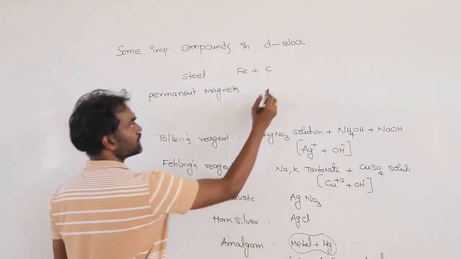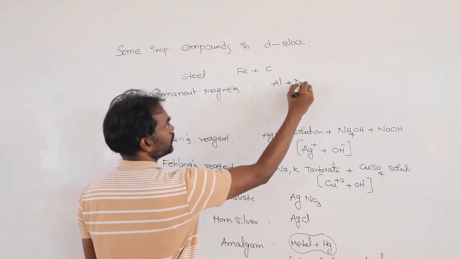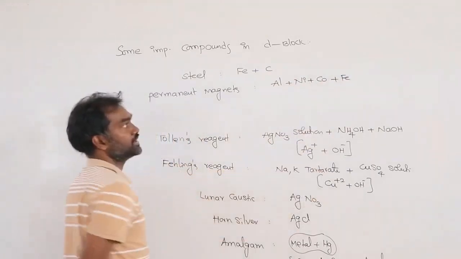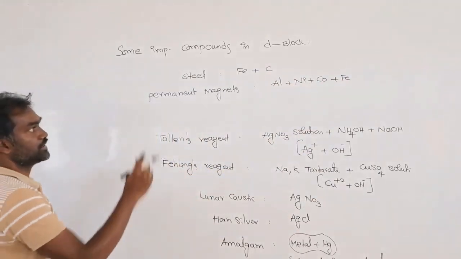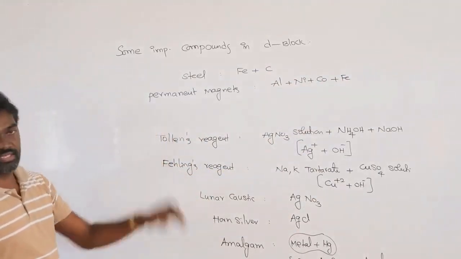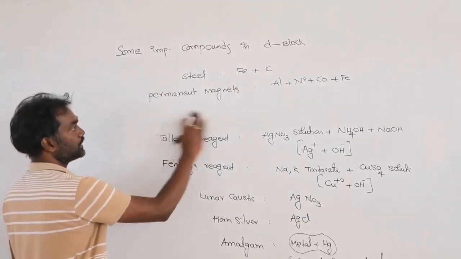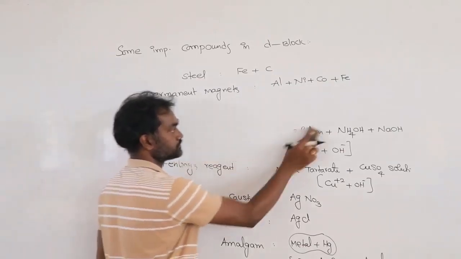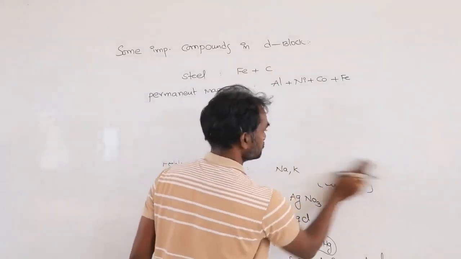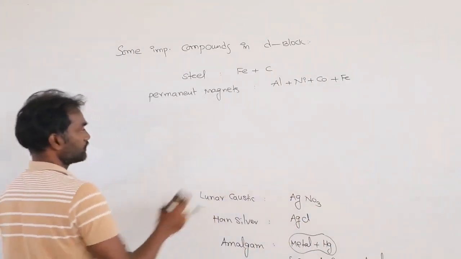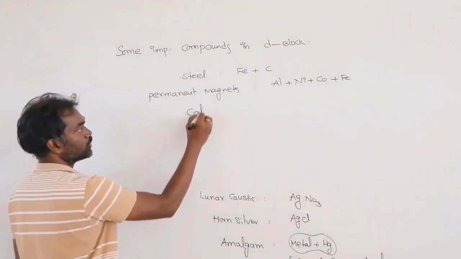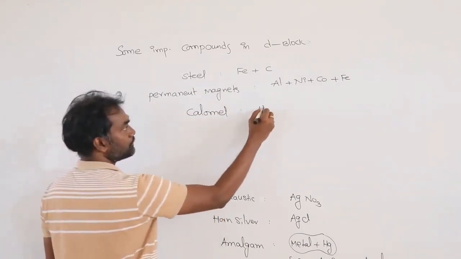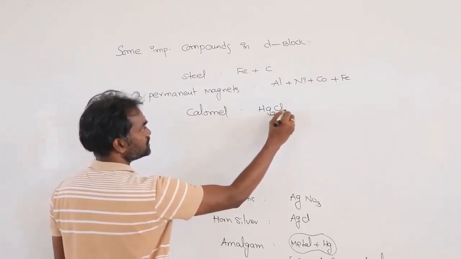So permanent magnets, that is alnico, nickel, cobalt, iron in combination. So already the mixing of metals we discussed that also. Next one, calomel. So calomel means mercurous chloride, Hg2Cl2.